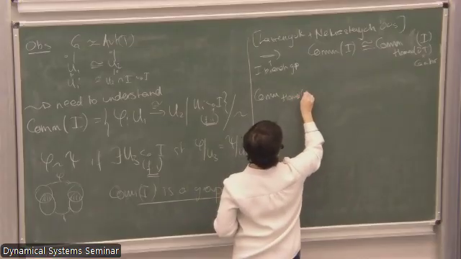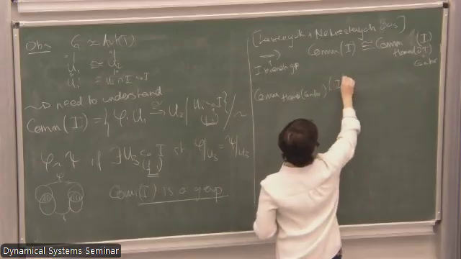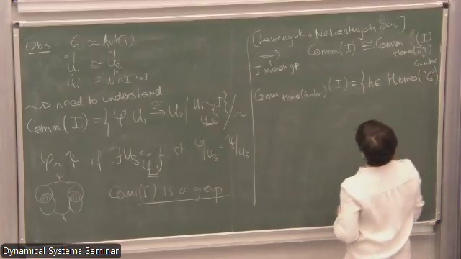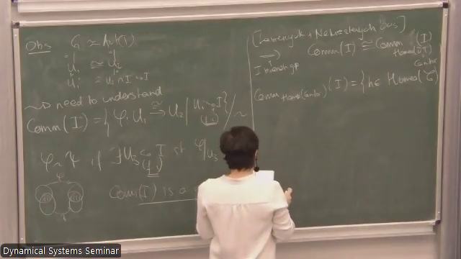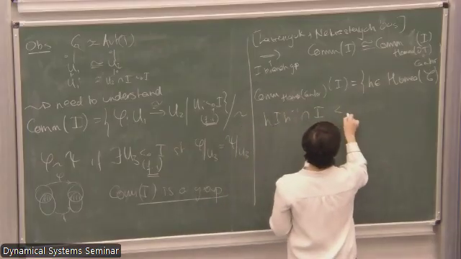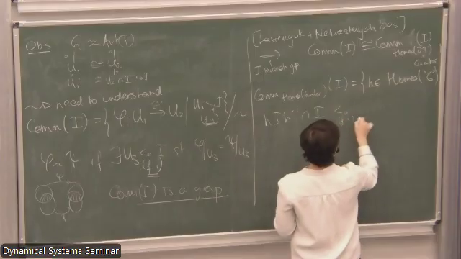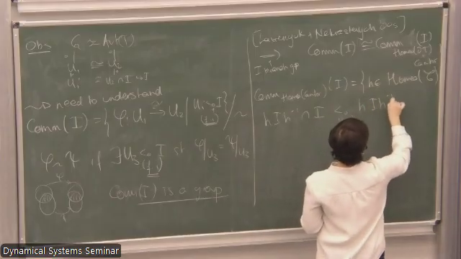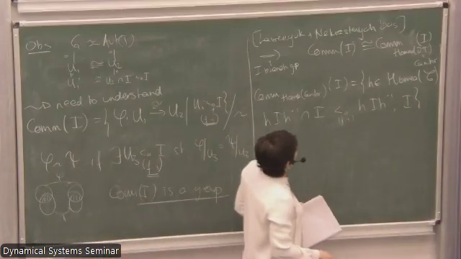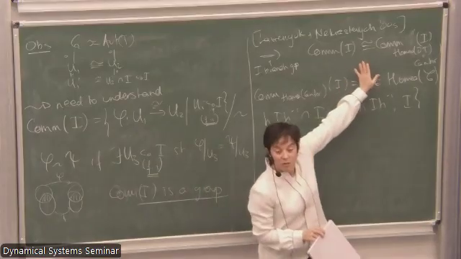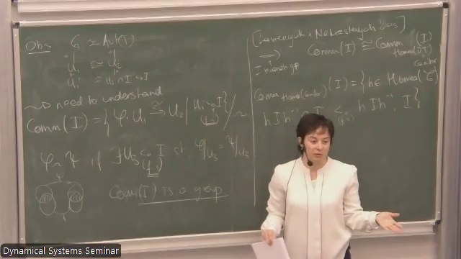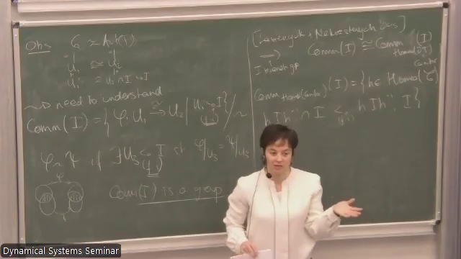Homeo Cantor of I is all the H's in homeo of the Cantor space such that H inverse intersect I is open or has finite index, depending on how you want to look at it, in both the conjugate and I. Okay, so this is nice because I don't need to do this abstract construction and try to find all possible finite index subgroups and all possible isomorphisms between them.